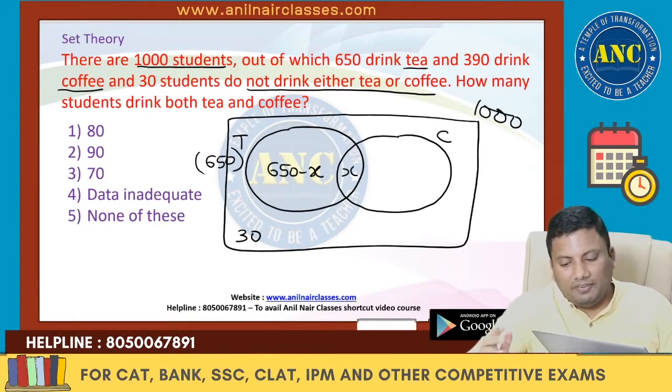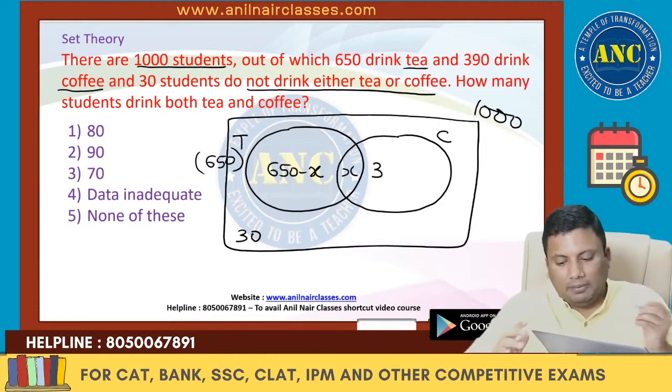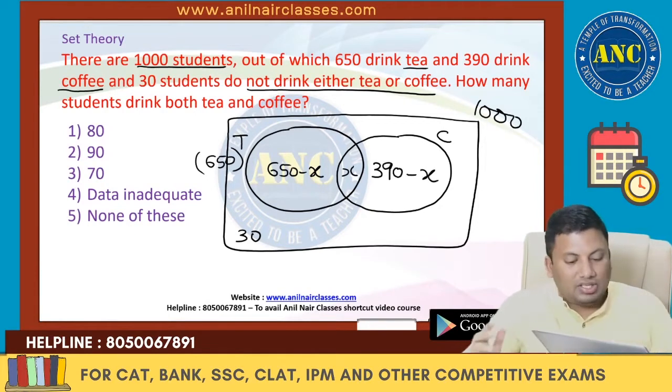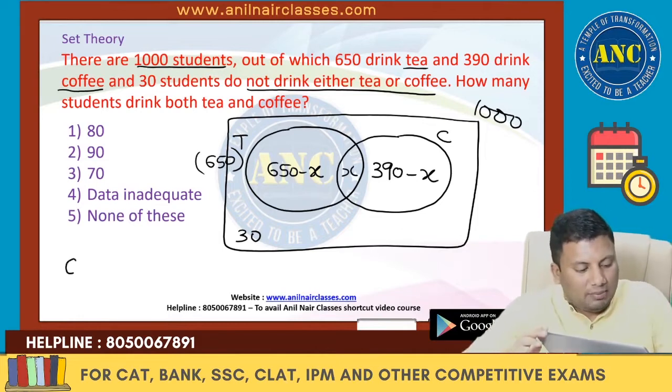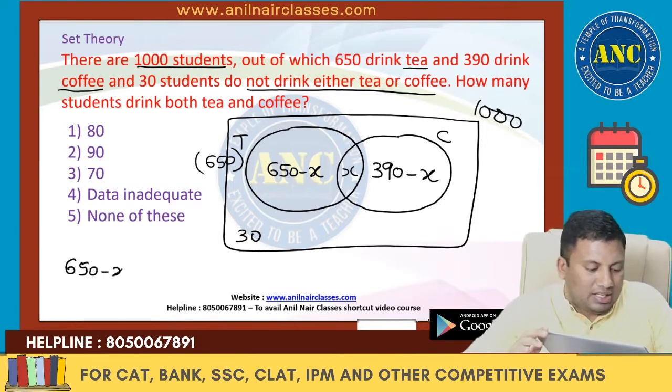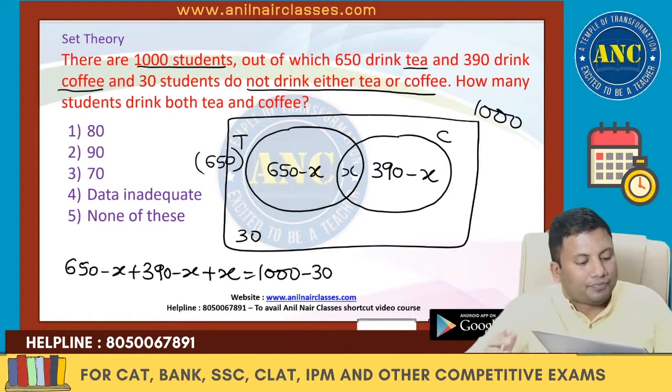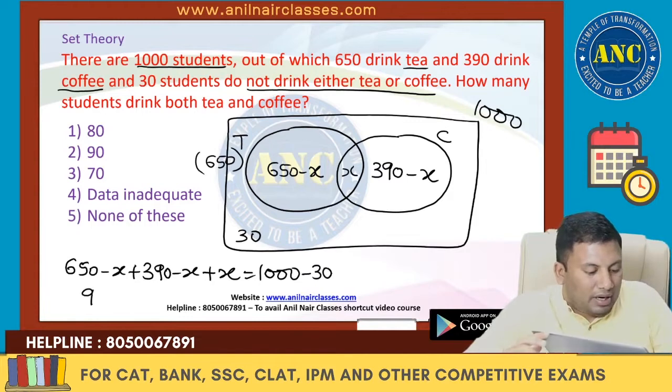Coffee is, all the time my mind is on cricket, 390 minus X. So it is 650 minus X plus 390 minus X plus X, only 1 plus only 2. It is nothing but n of A union B, which is 1040 minus X, equivalent to 970.